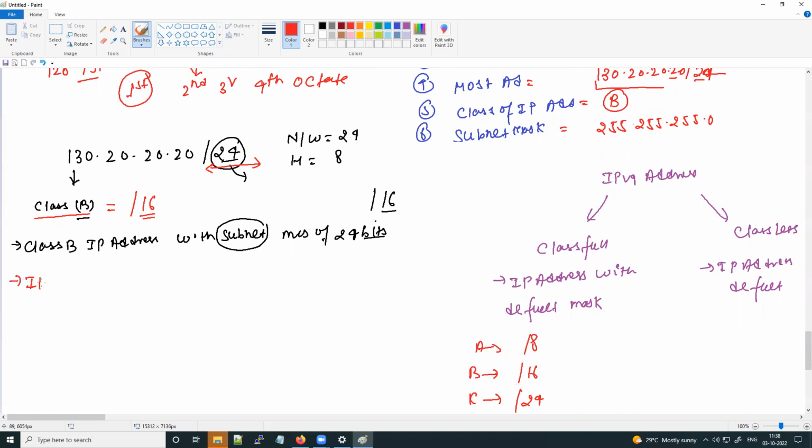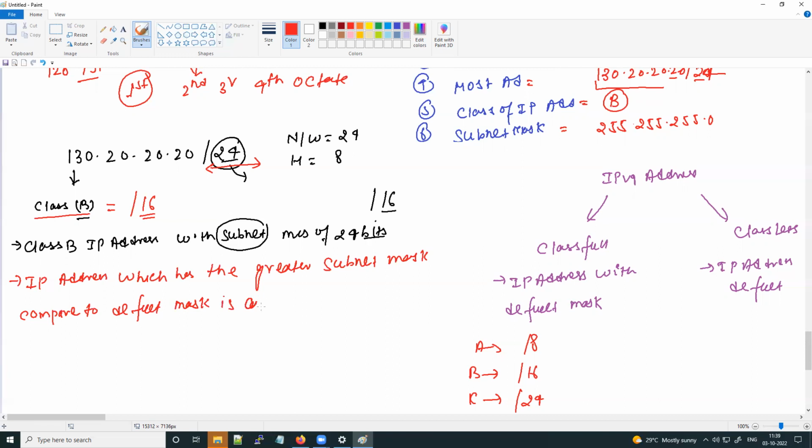An IP address which has a greater subnet mask compared to the default mask is called subnetting or a subnet.